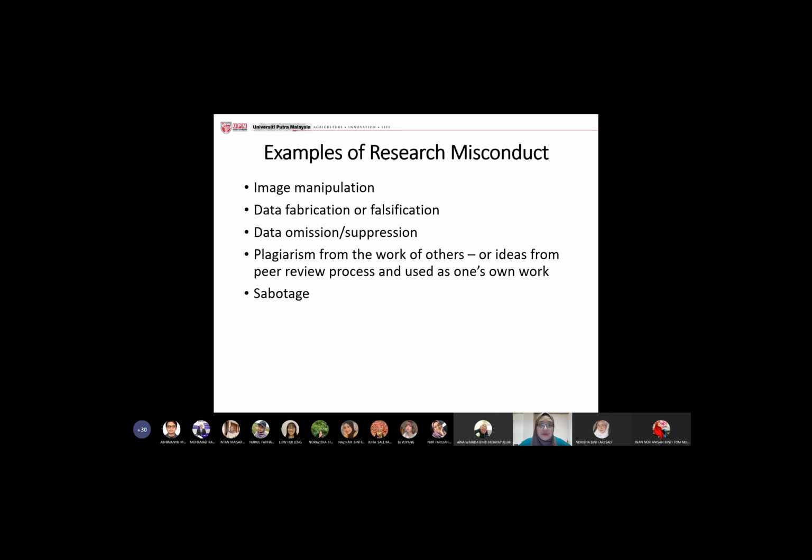What is meant by ideas from the peer review process is, this actually is for you guys who want to further your studies, or even now, I'm sure later on when you are working with your supervisor for FYP, your supervisor is going to ask you to write an article for journals, for example.